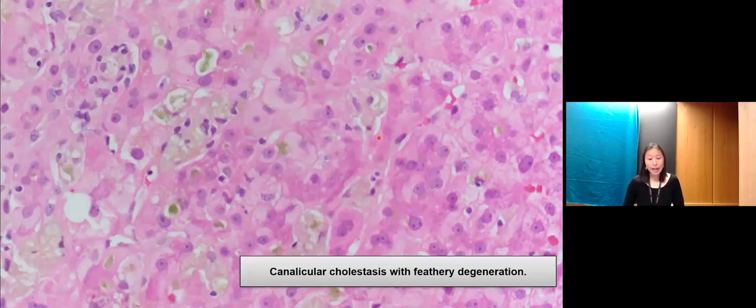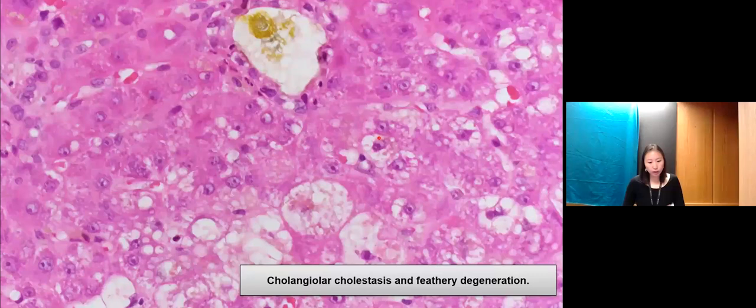That's the most classic form of feathery degeneration, which is often associated with toxic injury due to the accumulation of bile salts. But there is a spectrum, and in some cases you can see almost more of a ballooning type morphology. This is an example, where you see a large ballooned hepatocyte with extensive vacuolated cytoplasmic clearing, maybe even a hint of some Mallory hyaline.